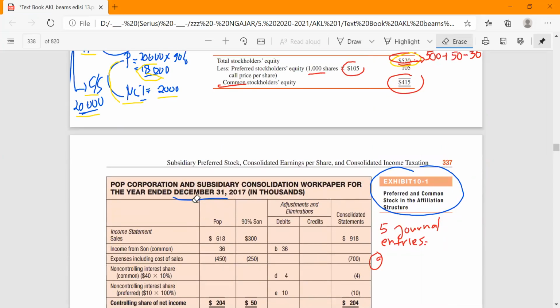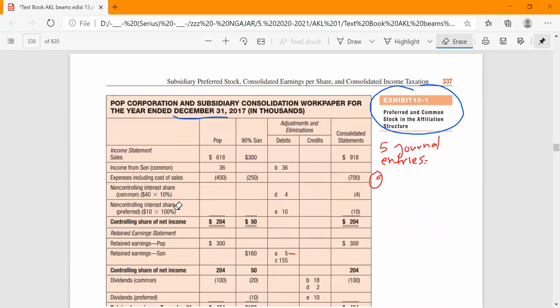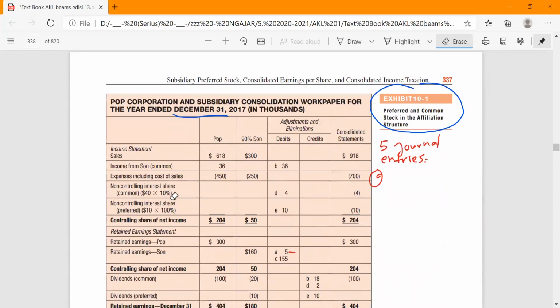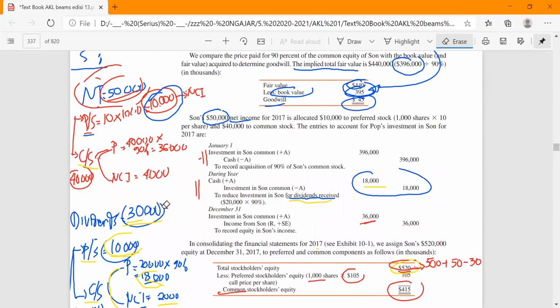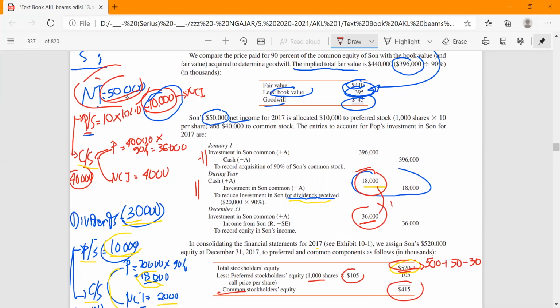And then number B is related to the elimination of the income from S with the dividend. As we calculated before, the income from S is this number, and then the dividend is this number. So the total increase of the investment in S is this one minus this one.